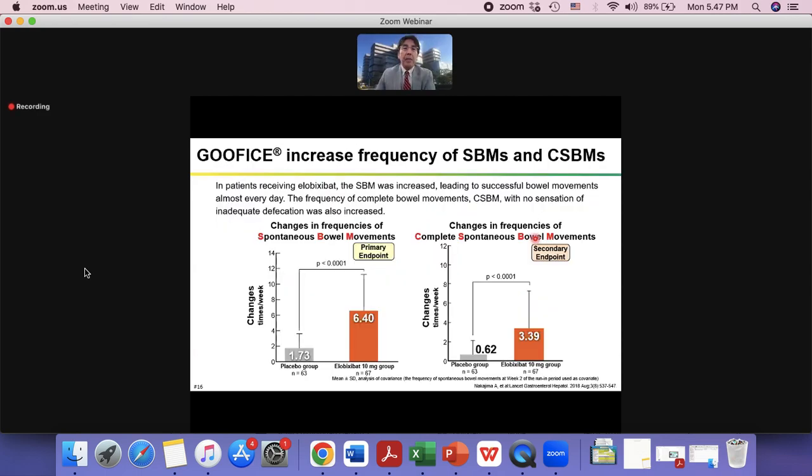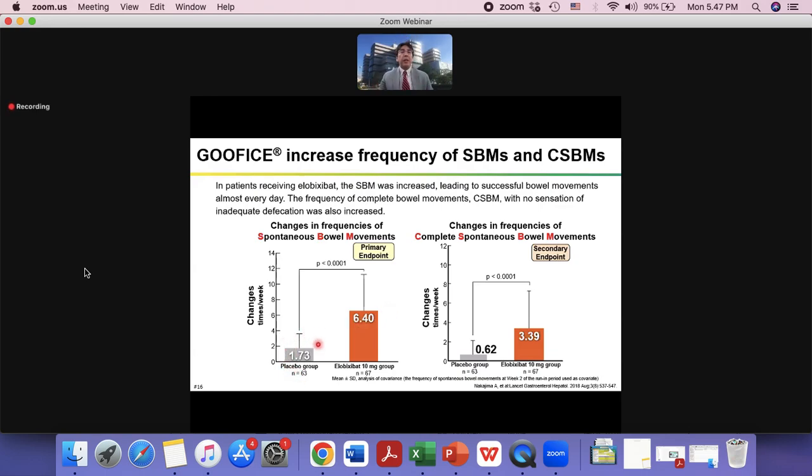So the Japanese phase 3 clinical trial shows that Elobixibat shows a change in frequency of spontaneous bowel movement of 5.4 compared to 1.73 for the placebo group.